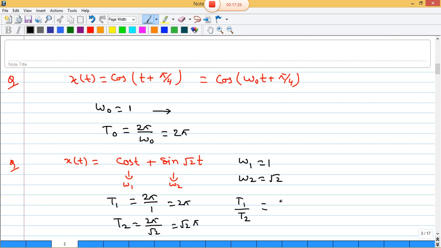Is that clear? So it will be root 2. So root 2 is not a rational number, this is an irrational number. So xt is non-periodic. Is that clear?